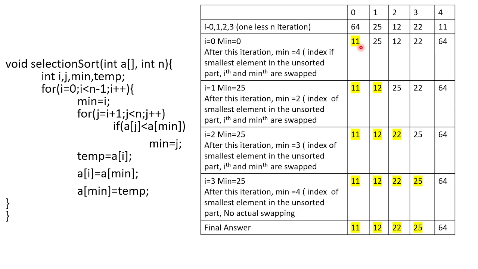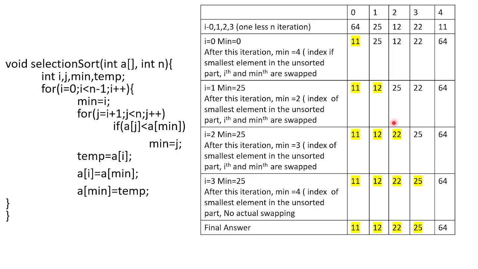In the second iteration, you assume that the element 25 is the smallest. You compare 25 and 12; 12 is the smallest. Note it down like that till the end. When you complete it, you get the index of the smallest element. Once you get it, interchange. Here, 12 and 25 are interchanged.